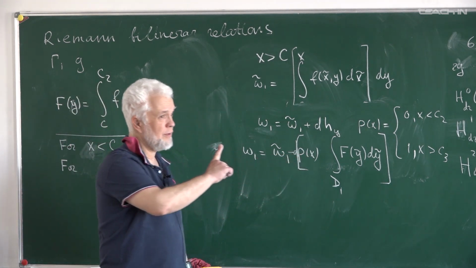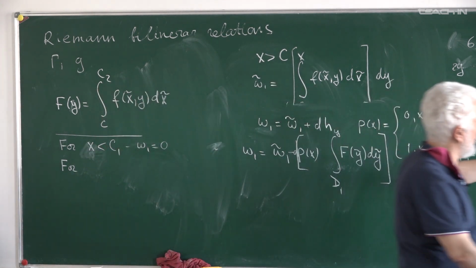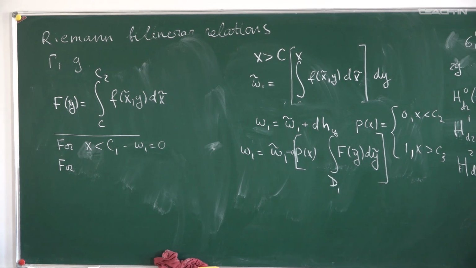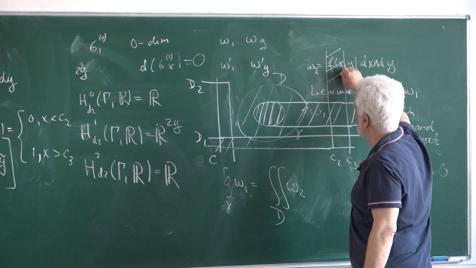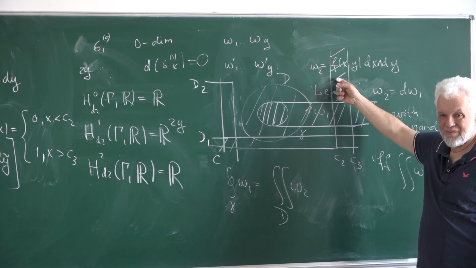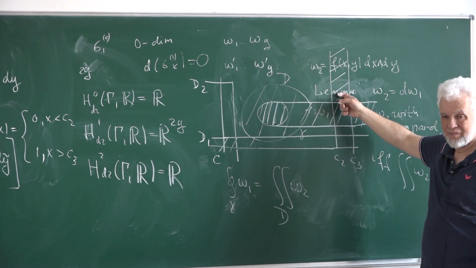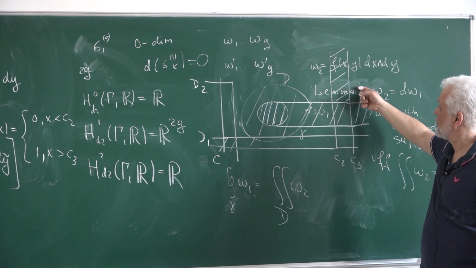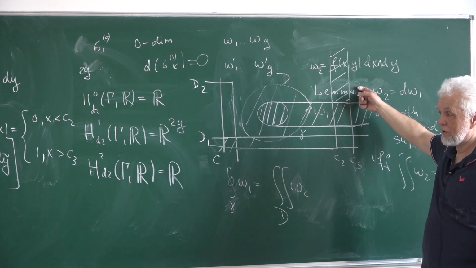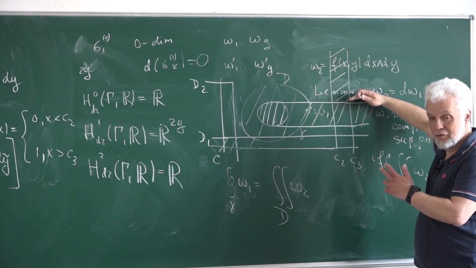So, what is the dangerous place? Let's have a look at the diagram. Here is 0, but only we have this dangerous area. You understand? Everywhere except this area, the form is 0. You agree? Isn't it? Because here, above this area, this integral is constant, you agree?